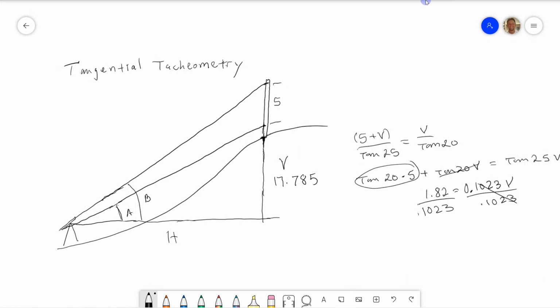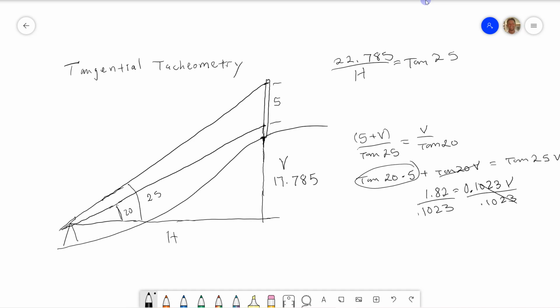So now we can check that. We have 22.785 over, we don't have any other information. We got this, and we can solve for H, right? So let's do that. We know this is 25. This is 20. So we're going to go over H is equal to tangent of 25.